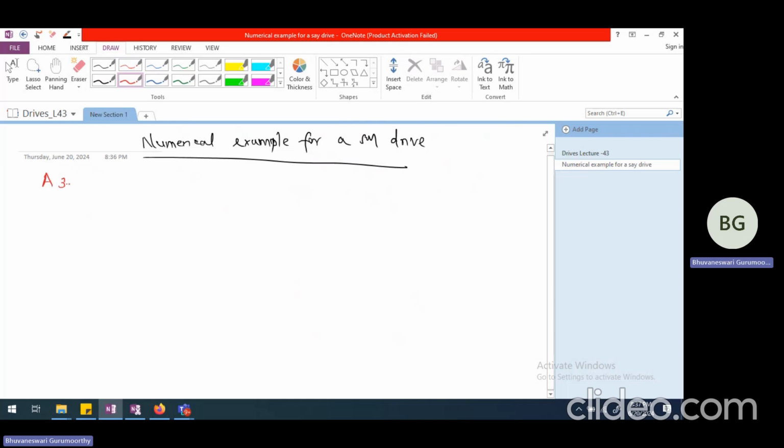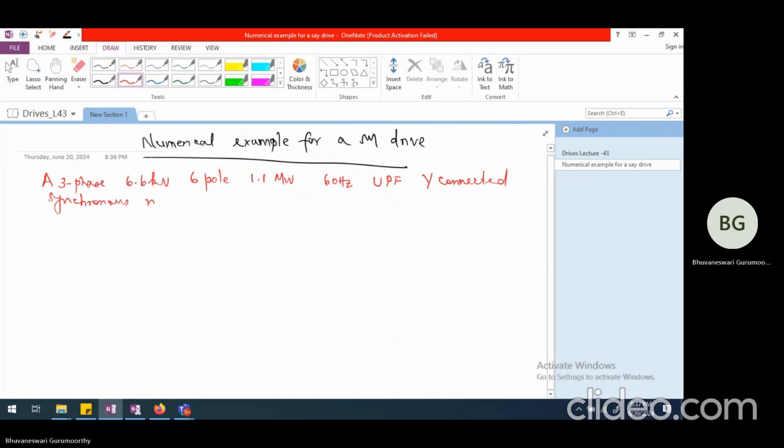A three-phase, 6.6 kilovolt, 6-pole, 1.1 megawatt, 60 hertz, UPF (unity power factor), Y connected synchronous motor has a synchronous reactance of 36 ohms.